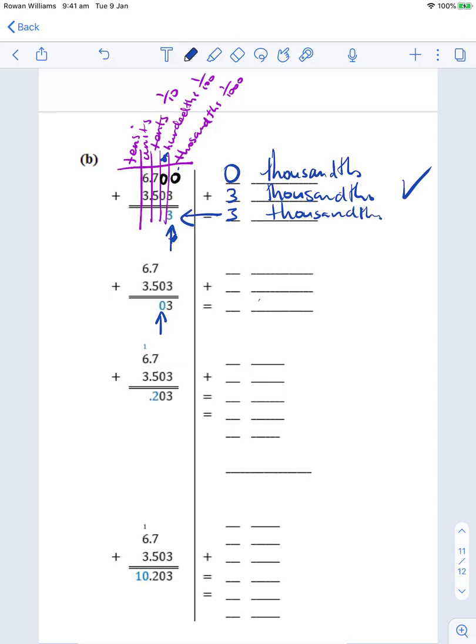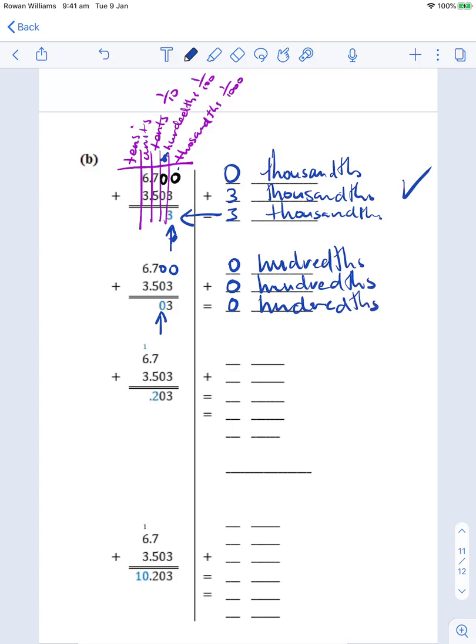So if I'm in the hundredths column, and remember I'd filled in my zeros there, so I've got 0, and even though they're zeros, we have to put them in each time. 0 hundredths plus 0 hundredths equals 0 hundredths.